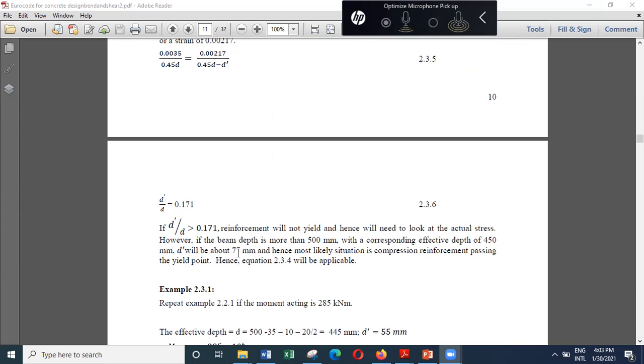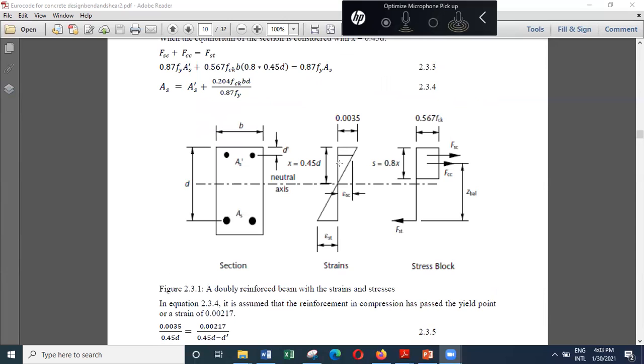So if you are going to provide this compression reinforcement within these 77 millimeters, then you are assured that the compression reinforcement has already yielded. But if you are going to have this compression reinforcement below 77 millimeters, then you have to have extra reinforcement, because you are providing the compression reinforcement too much inwards.